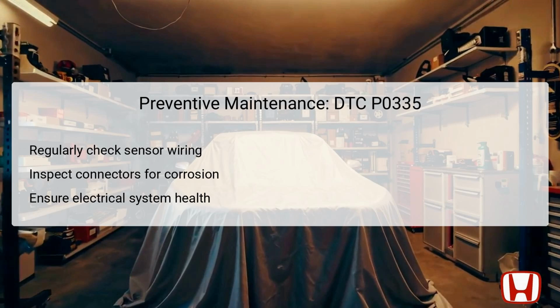It is also beneficial to monitor the health of the electrical system as a whole. Poor electrical connections elsewhere can affect sensor functionality, so keep all related components in sound condition. Establishing a regular maintenance schedule can significantly enhance vehicle reliability and reduce the chances of unexpected breakdowns.